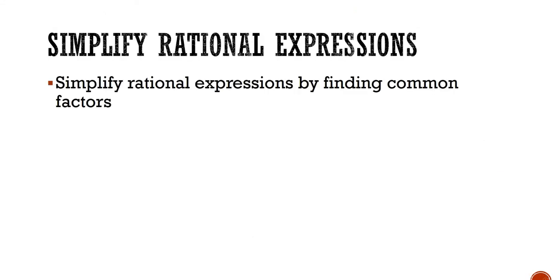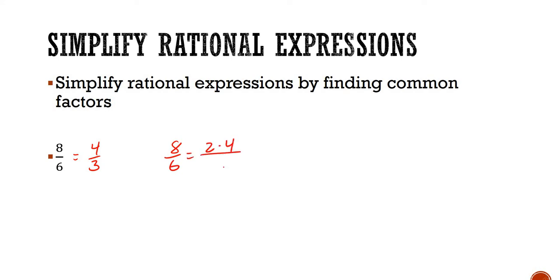All right, with all that said and done, now that we know what values we cannot use, let's look at some simplifying. We simplify rational expressions by finding common factors. When you simplify 8/6, the language that you typically use is to divide both of those by 2 to get 4/3.